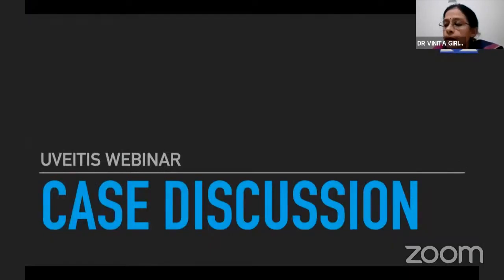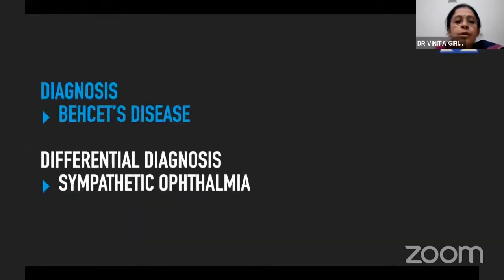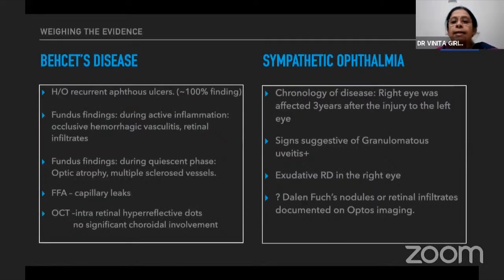Good evening, everyone. At the initial presentation in this case, it could appear to be sympathetic ophthalmia because of the suspicion of granulomatous uveitis, and also the presence of exudative retinal detachment in the right eye.